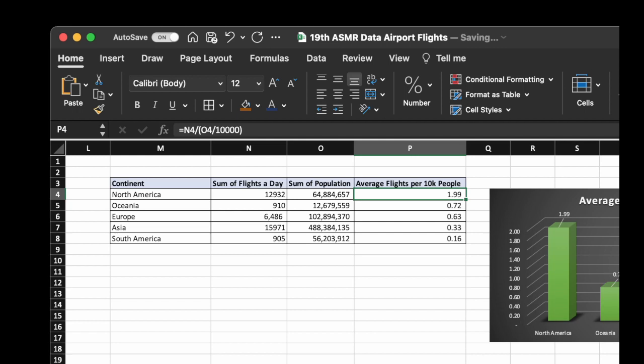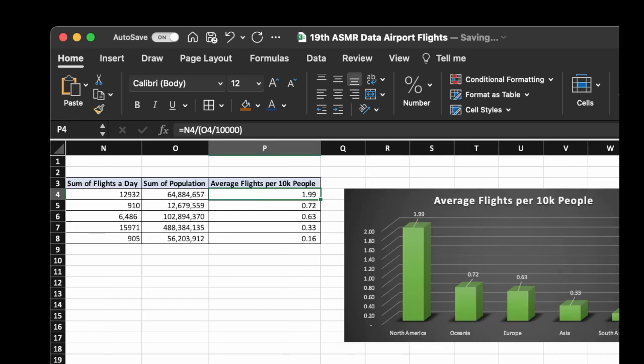Oceania is 0.72, Europe is 0.63, Asia is 0.33, and South America is 0.16. So North America has the most flights per 10,000 people, and South America the least. And like I say, this is the 100 busiest airports.